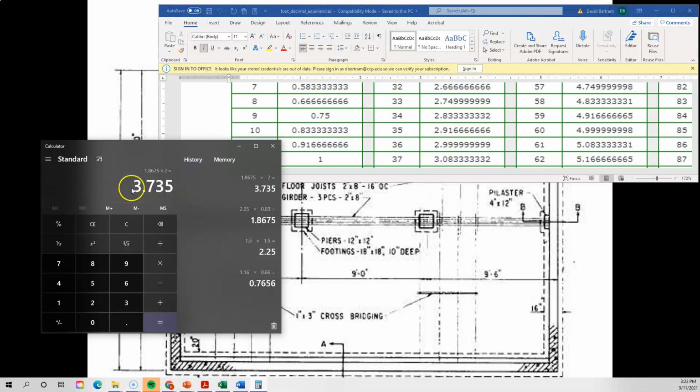But just kind of an interesting talking point is that depending on how many decimals each person takes, the numbers are going to be different. Anyway, that's the square footage of 2. Let's divide that by 27, and now we have the cubic yards. So it is 0.13 cubic yards for the 2 footings.